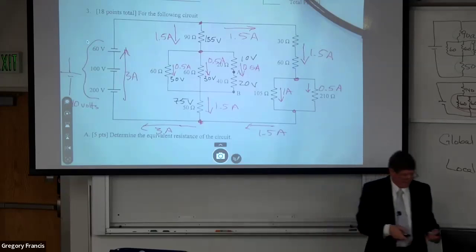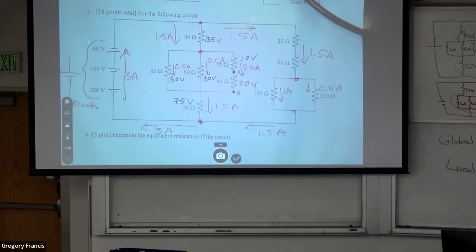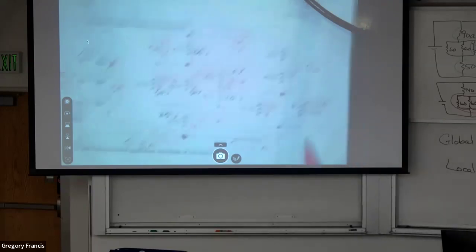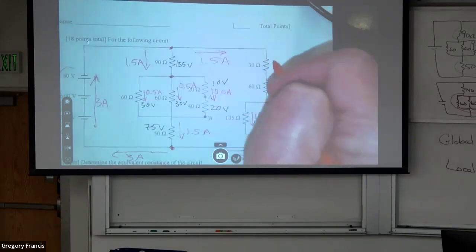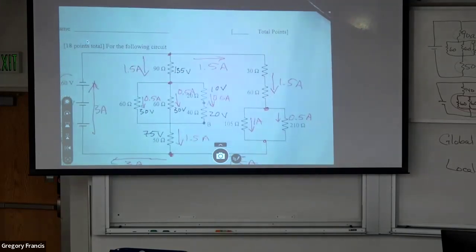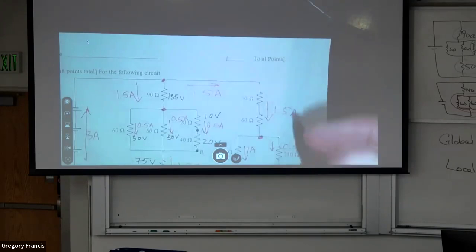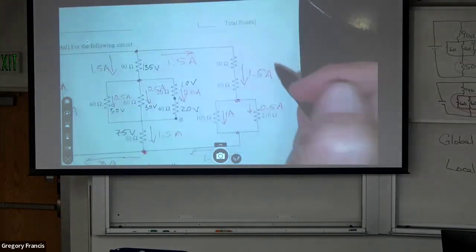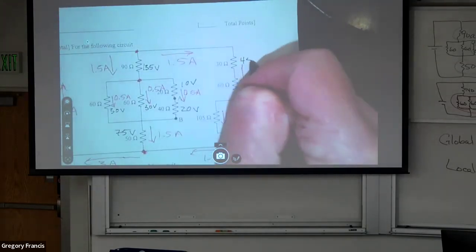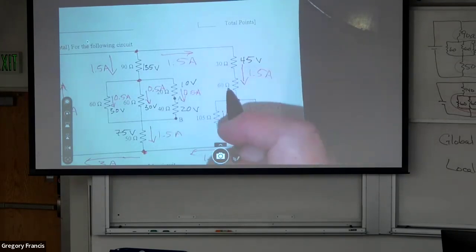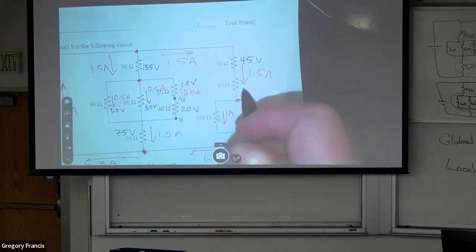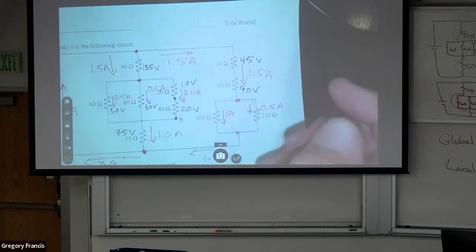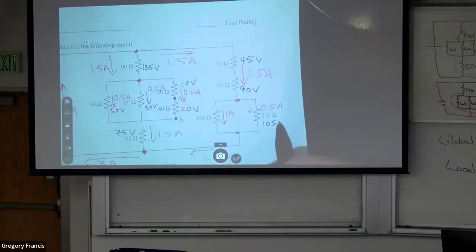Let's do the other path. I've got 1.5 times 30, that's going to be 45 volts. You'll tell me if I go off the screen, right? And this is 1.5 times 60, that's going to be 90. And this is going to be a half times 210, that's going to be 105 volts.